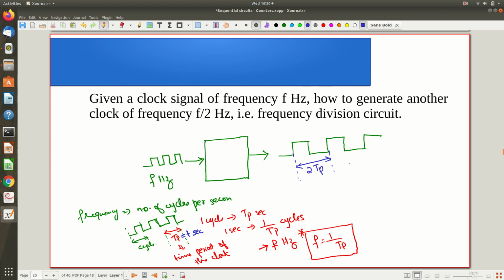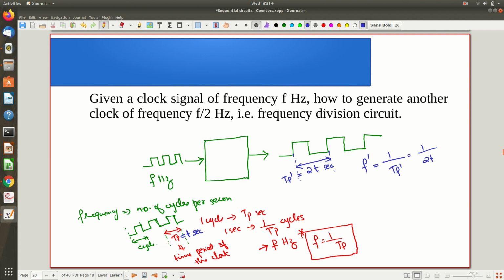Time period we are denoting as TP, so this is the time period of this particular clock input, right? And the output time period, let me denote as TP dash, and my requirement is that it is 2 times this T. If that is the case, the new frequency will be 1 by time period, 1 by TP dash, that is equal to 1 by 2T.